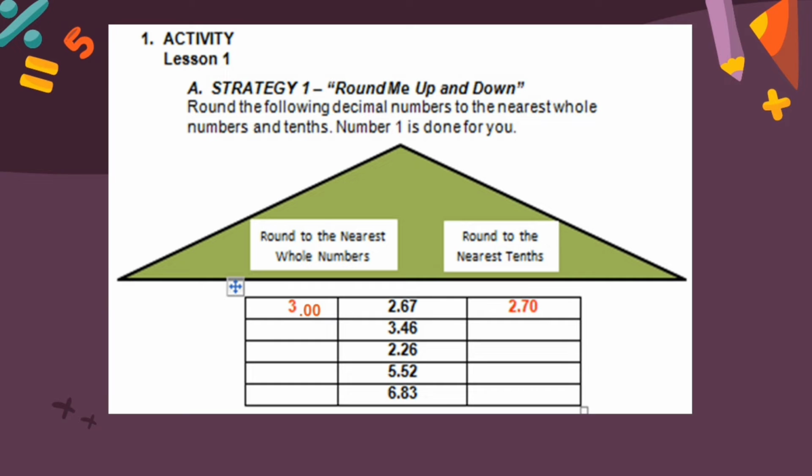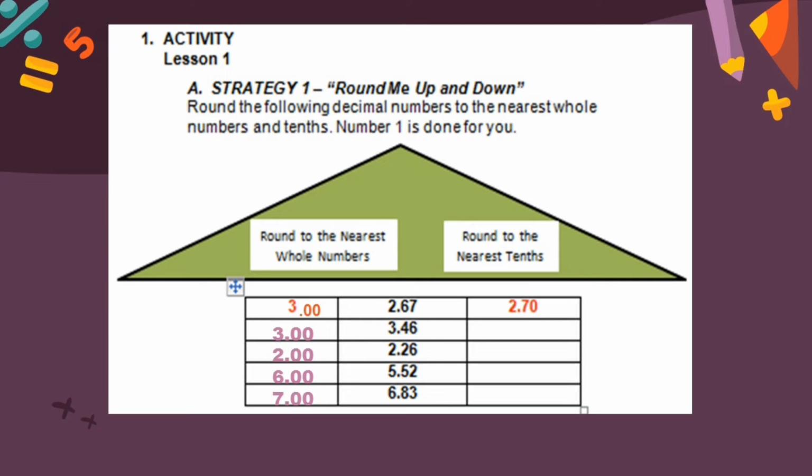We have 3.46. What is the answer? Very good. 3. Next, 2.26. What is the answer? Correct. 2. Another, 5.52. What is the answer? 6. Very good. And the last one, 6.83. What is the answer?